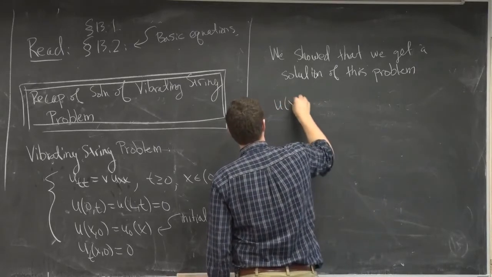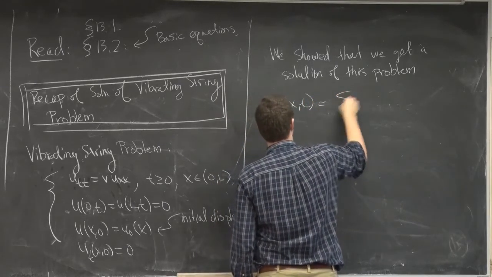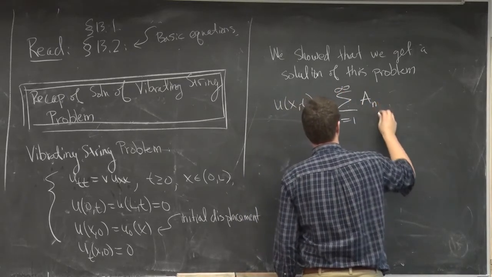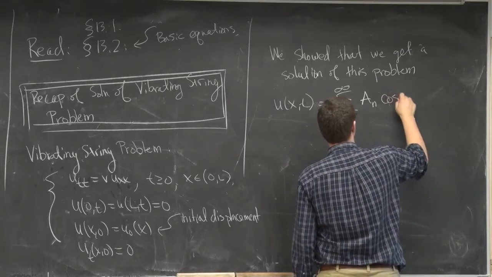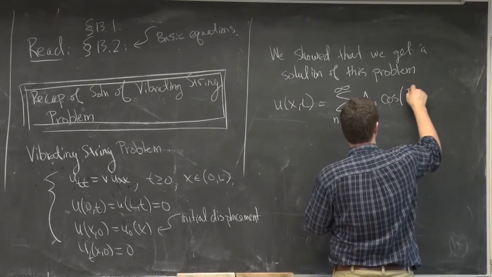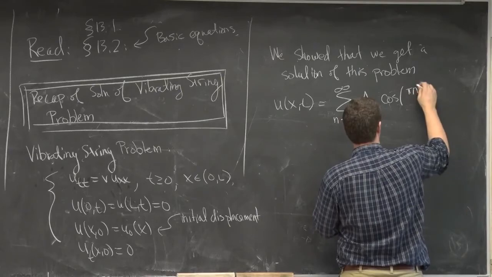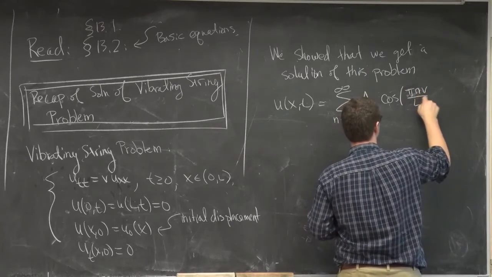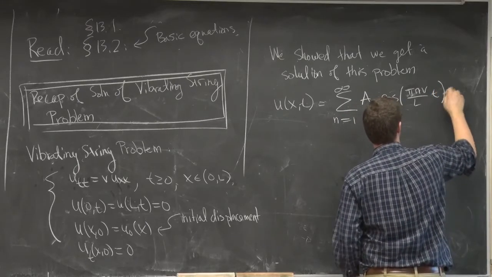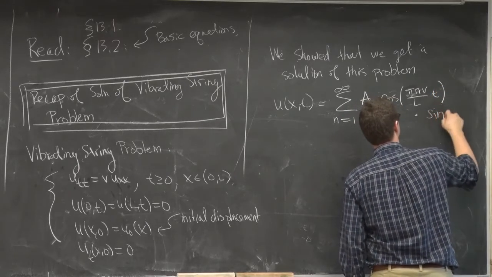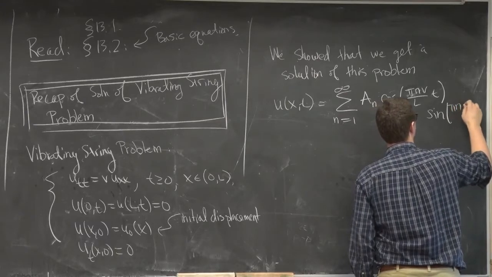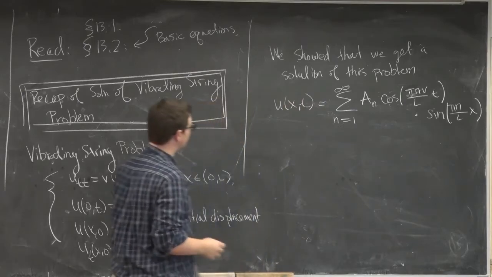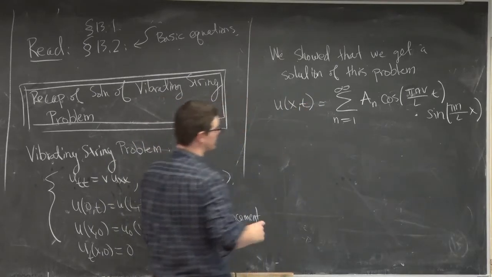We had that u of x,t was the sum from n equal to 1 up to infinity of these coefficients a_n, and we had a cosine of pi n v over L times t, this v is a velocity, not a frequency, times sine of pi n over L times x. So this was our solution that we got.